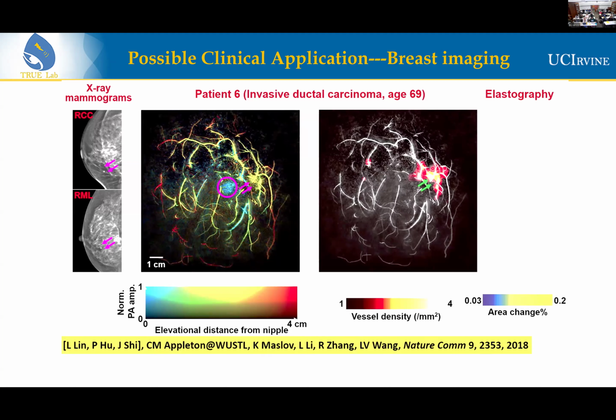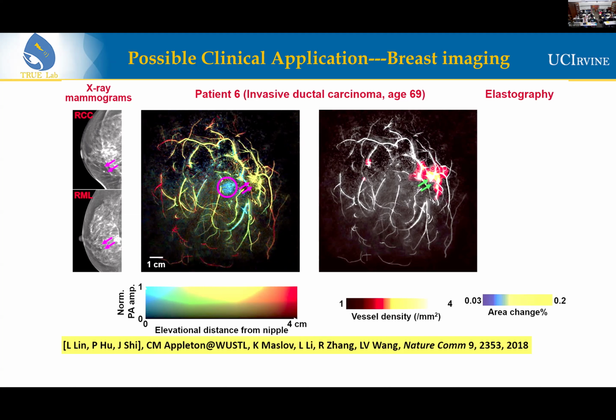If you don't get a reimbursement code, no physician is going to use it, right? You are never penetrating through the clinic practice. So that's very important. If you look at these images from real patients, you really see the vasculature structure. Also, you see the tumor region.